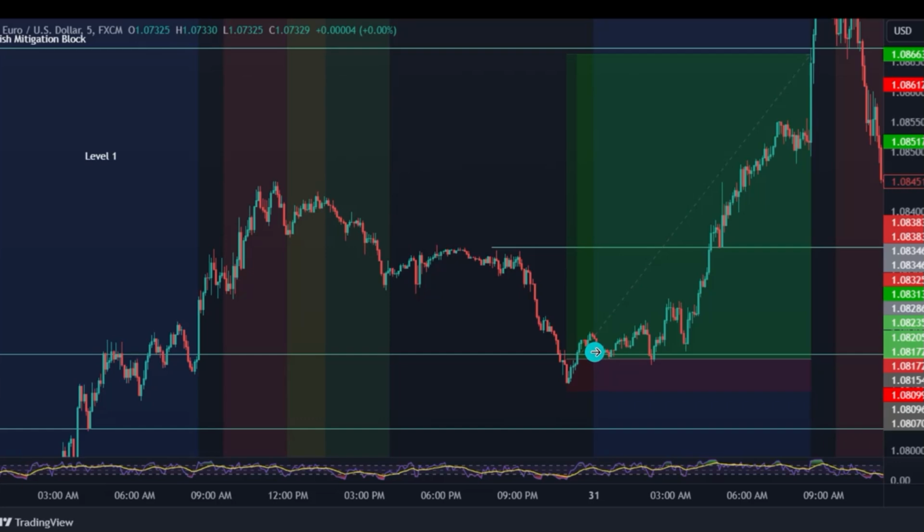There's also one inside of here. So when price comes back to this level, after it breaks structure, it comes back right here. That is an entry. Your stop loss is below the lower low. Price takes off and it goes all the way up to that bearish mitigation block and beyond.